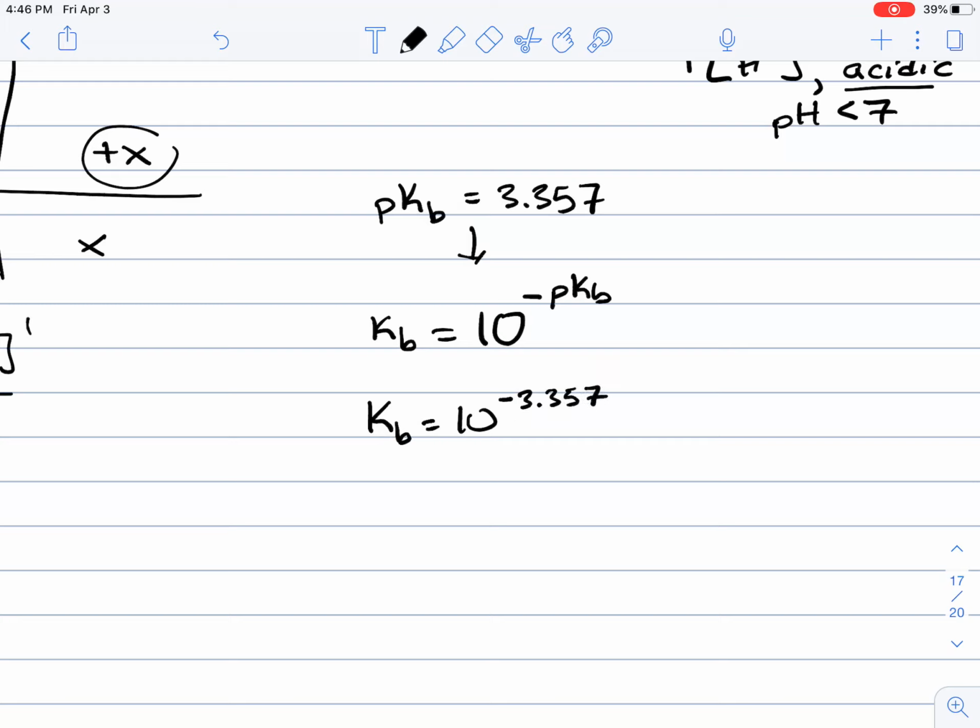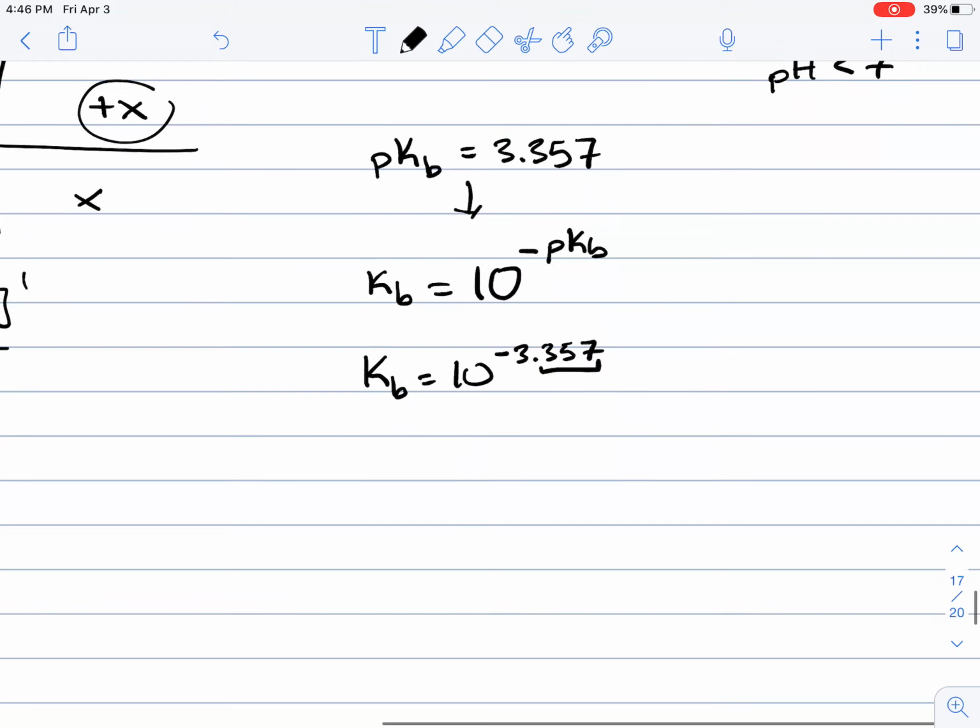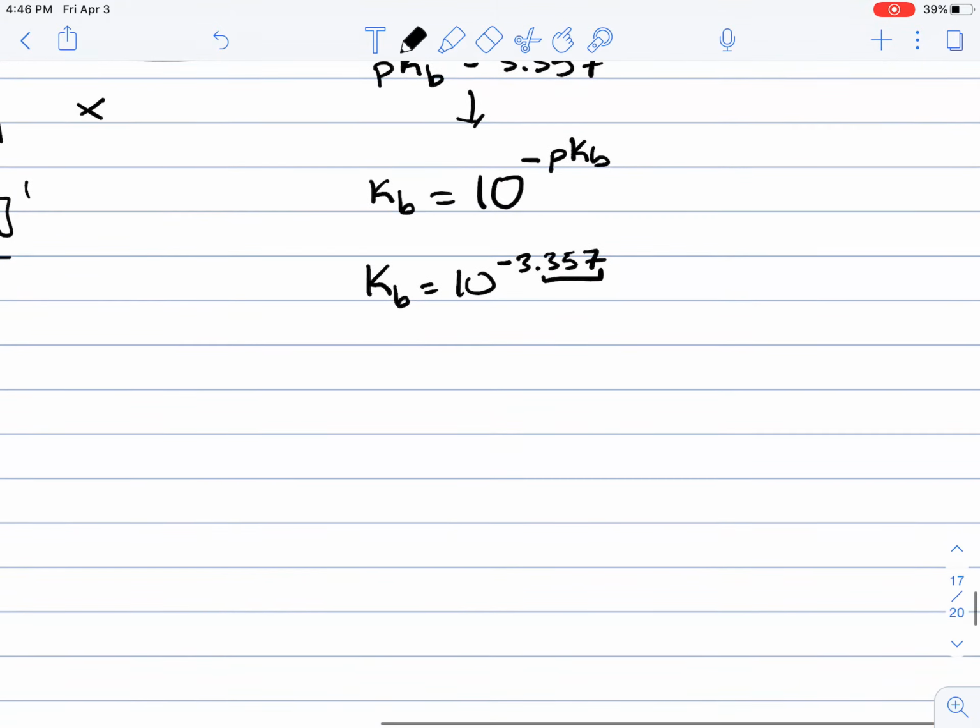And since this is a p value, we have to identify the number of sig figs. Since there's 3 decimal places, if you plug this into your calculator, base 10 of negative 3.357, the answer needs to be reported in 4 sig figs. So you're probably going to have to round this up to 4.40 times 10 to the negative 4.